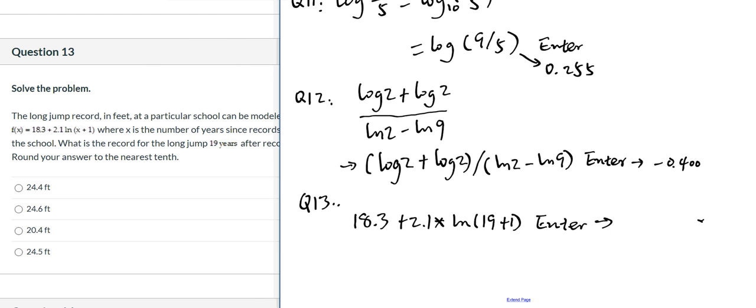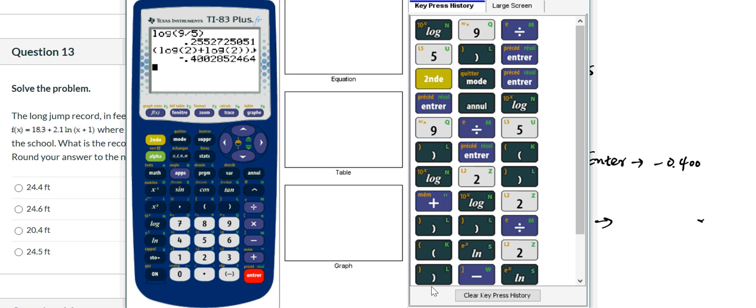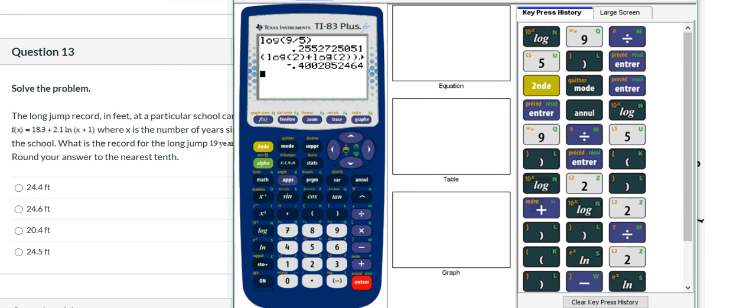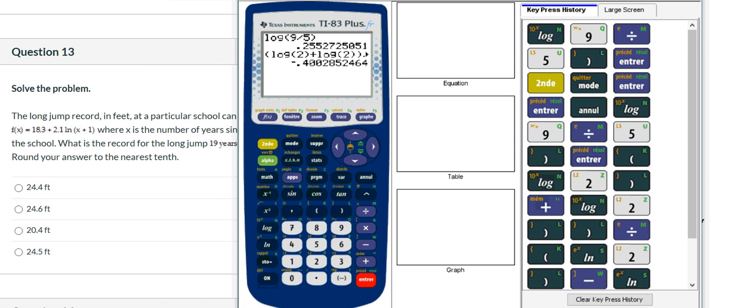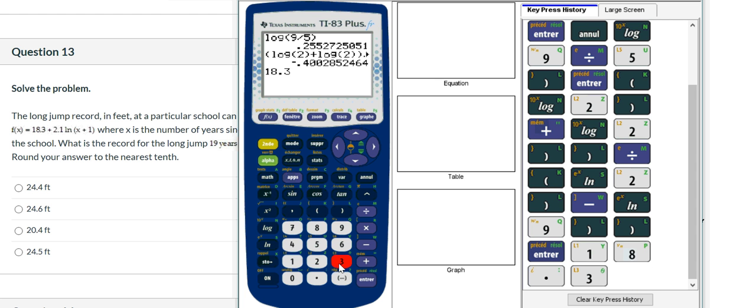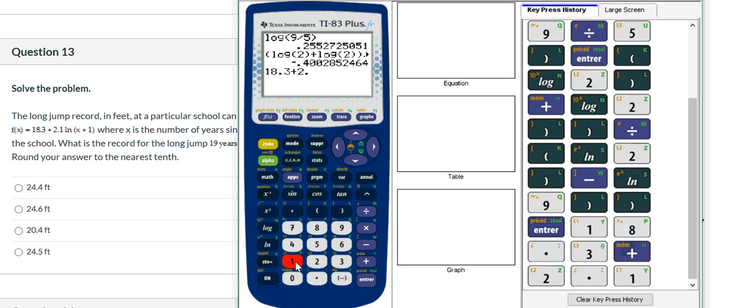Okay, let's work on our calculator here. Let's do 18.3 plus 2.1.